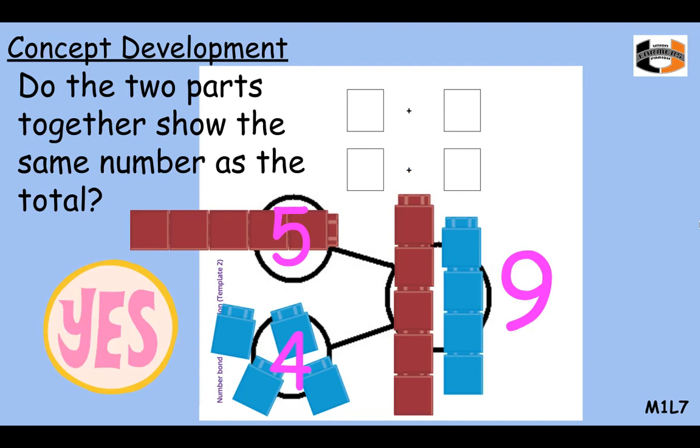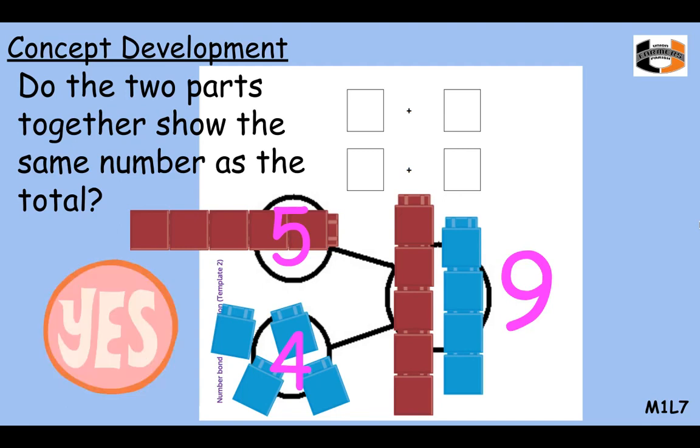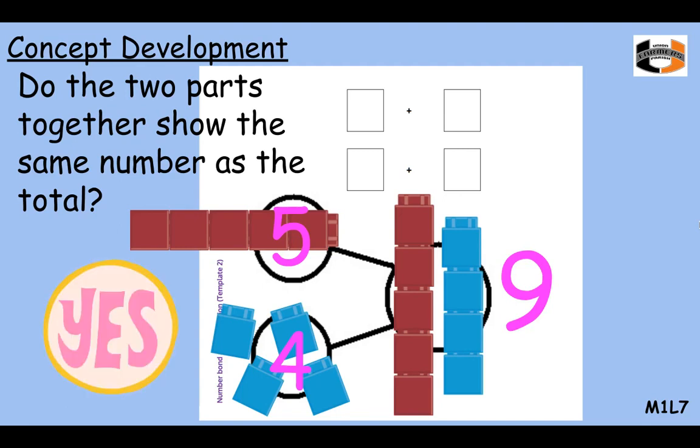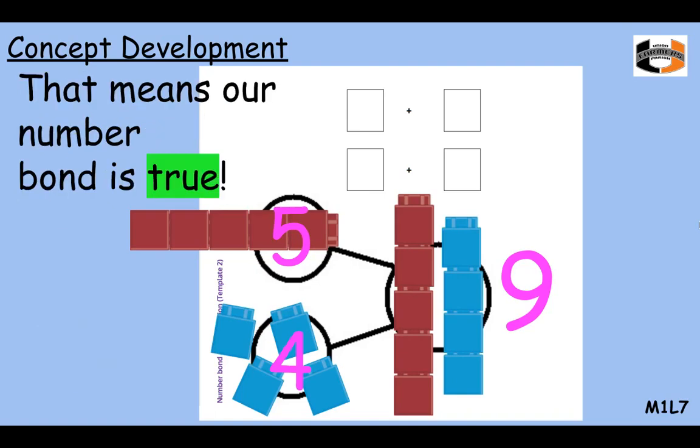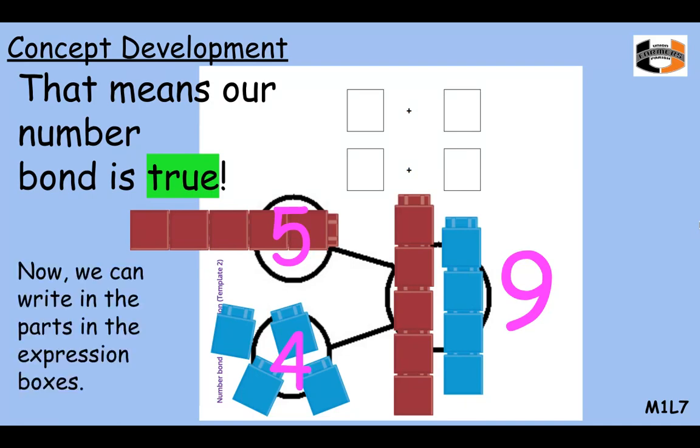Yes, they make 9. That means our number bond is true. Now we can write in the parts in the expression boxes. 5 plus 4 makes 9, and 4 plus 5 makes 9.